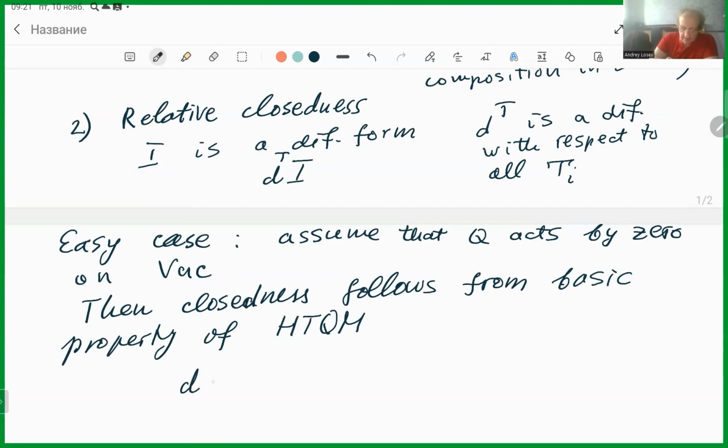That is, D plus, I will write it again. It's an important thing. It should be written several times.